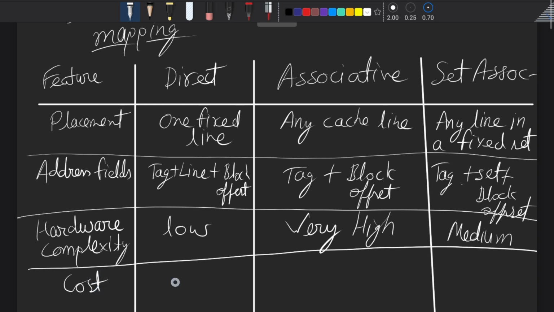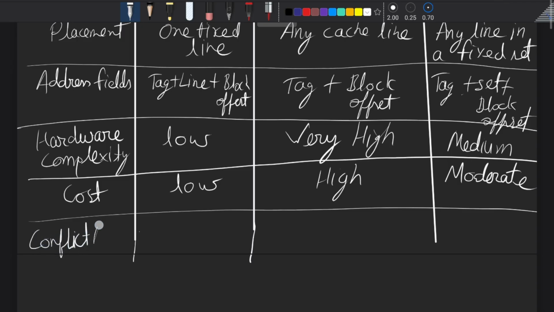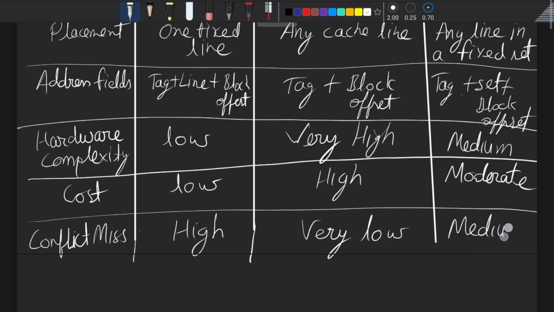Cost was very low in direct, it was high in associative, and moderate in set associative, because it was a combination of both. Next, conflict miss: it was high in direct, of course it was very low in associative, and it is kind of medium in set associative.